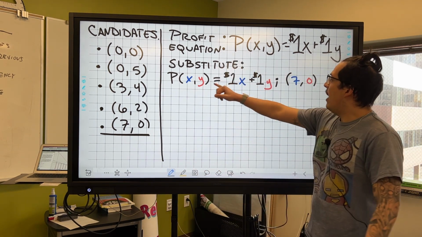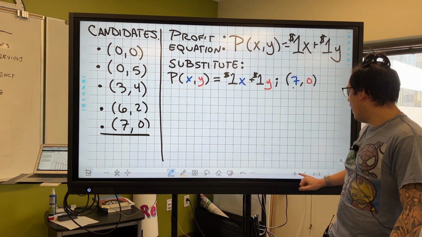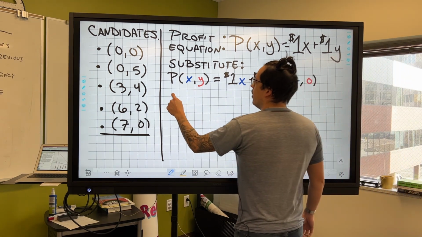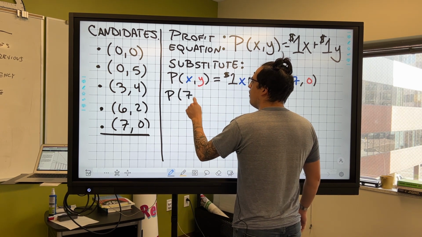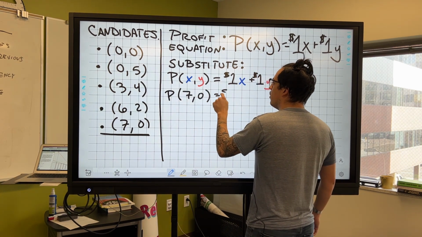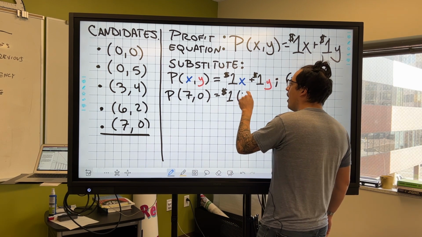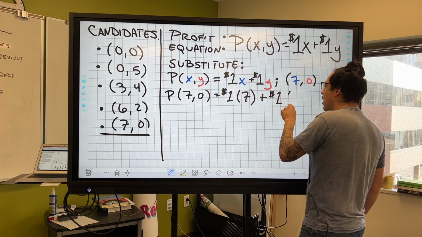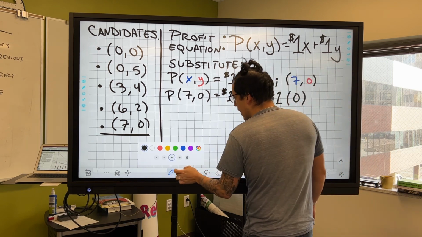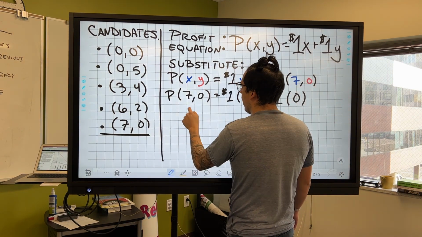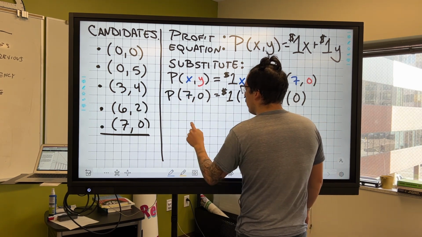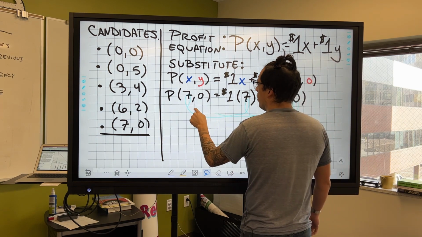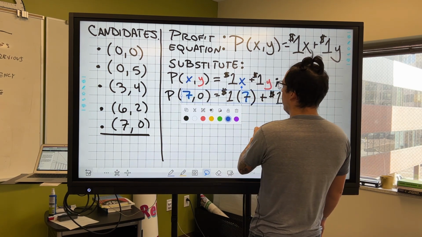I'll substitute X with 7 wherever I see X, and I'll substitute Y with 0 wherever I see Y. So P of 7, 0 equals $1 times 7 plus $1 times 0.